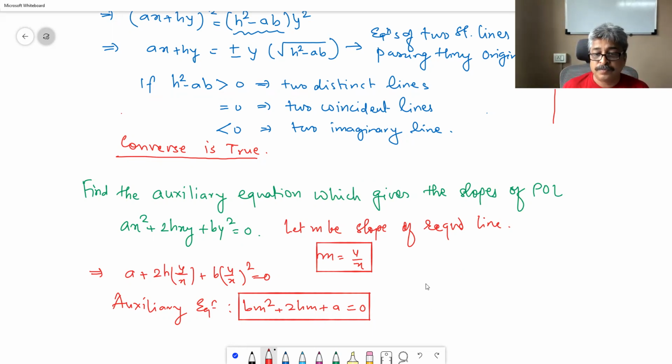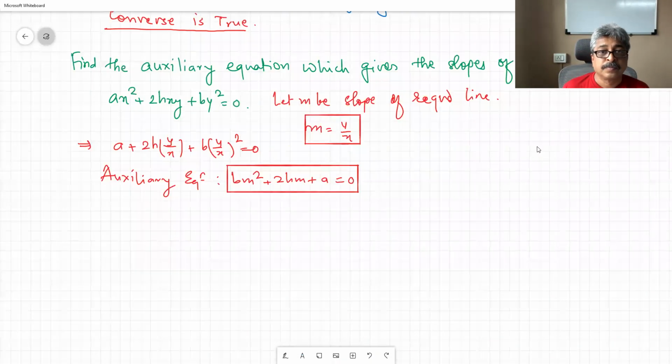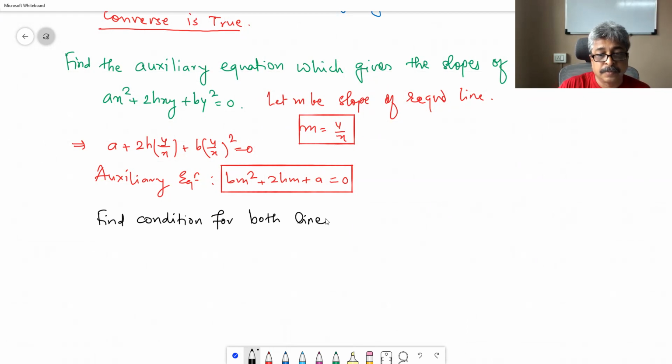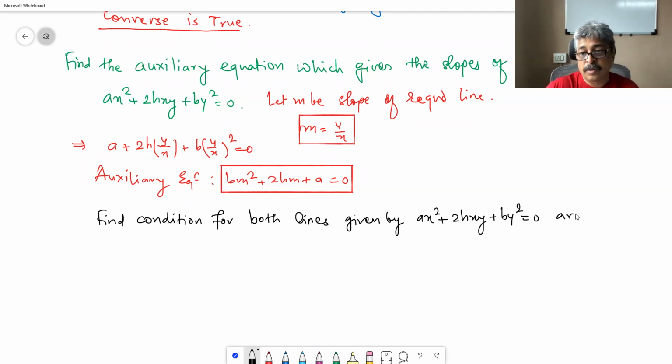Find the condition for both lines given by the equation to be perpendicular.